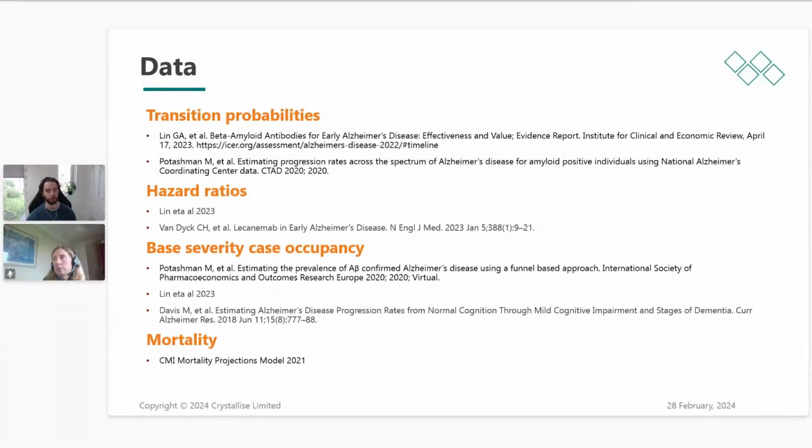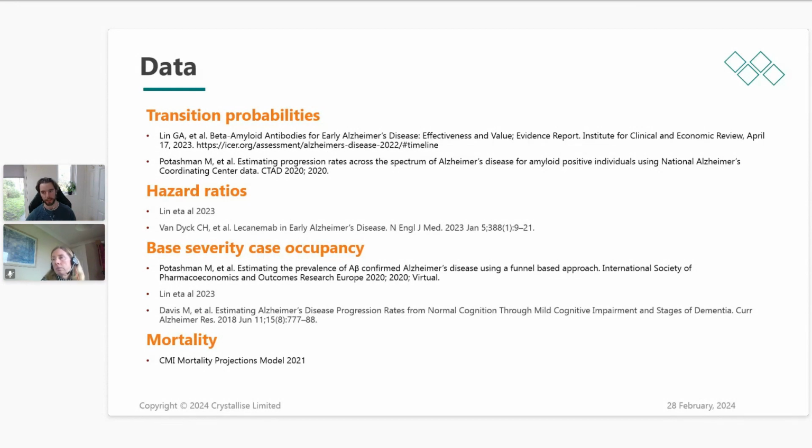From all this information, we can get a view of how a group of individuals transition from state to state over time, and as a result make their way into the dead state, and therefore we can get estimates for the impact on mortality.